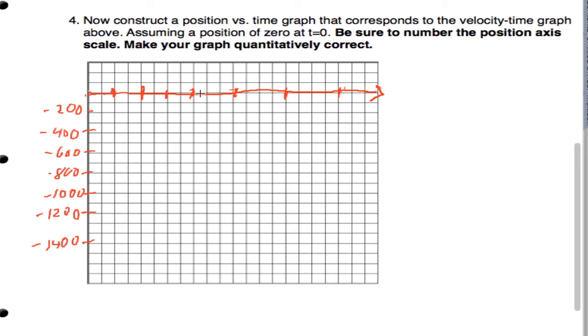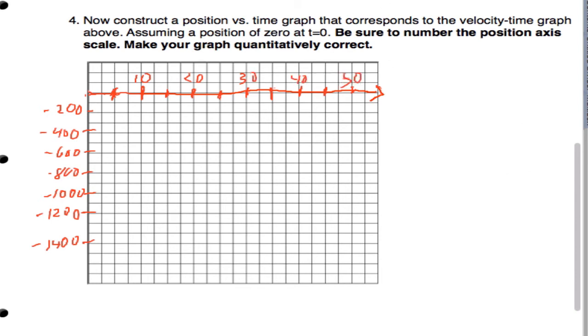I have to be really careful in my counting. I'm really glad you guys are seeing this because I want you to see that this is not a perfect process. So this is 5, 10, 15, 20, 25, 30, 35, 40, 45, 50. So 10, 20, 30, 40, 50 seconds.